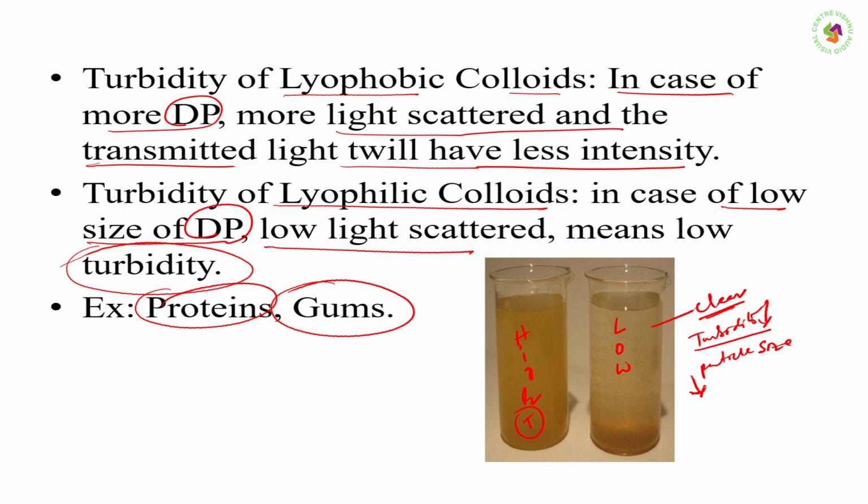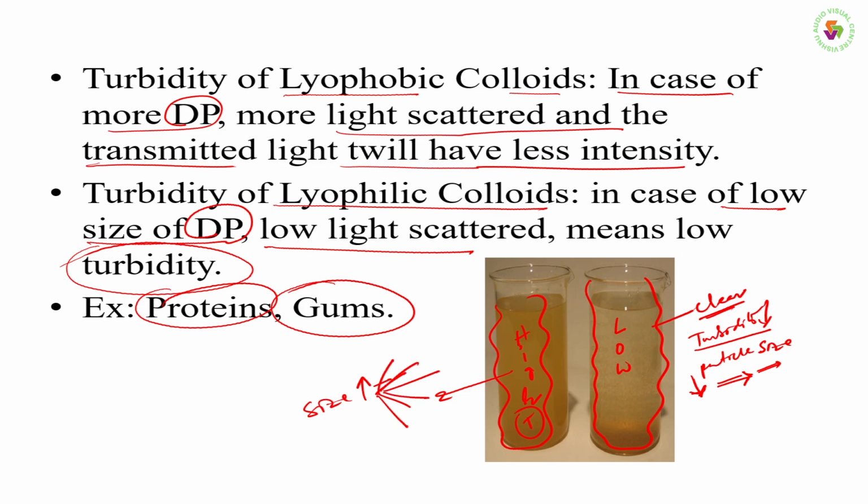When the particle size is small, the light passes through them, so we can clearly see this solution. Whereas coming to this second solution, here we cannot see a clear picture, because the size is larger. When the size is larger, they will not allow the light to pass through, and this leads to scattering of light. Because of this scattering, the entire solution looks like a turbid solution.